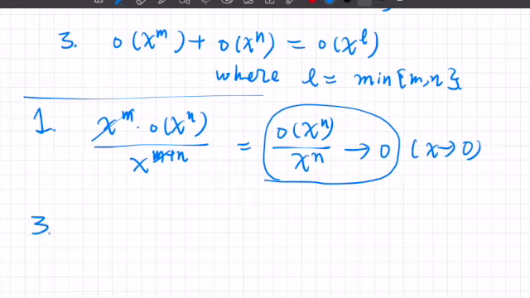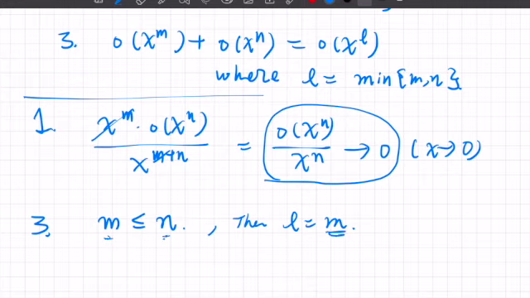And for the third one, let's say L, we can assume without loss of generality that m is less than or equal to n. Then L is equal to m, because the smaller of m and n is m in this case.